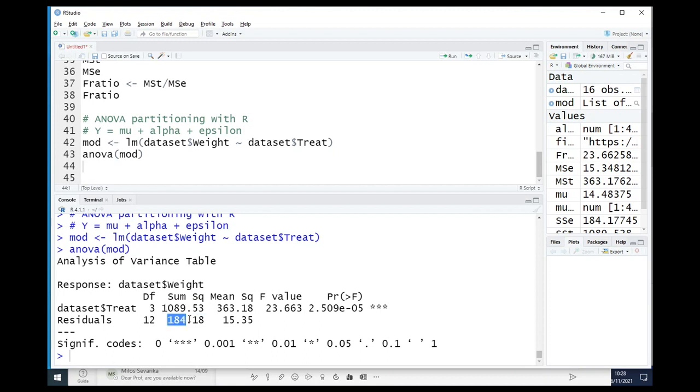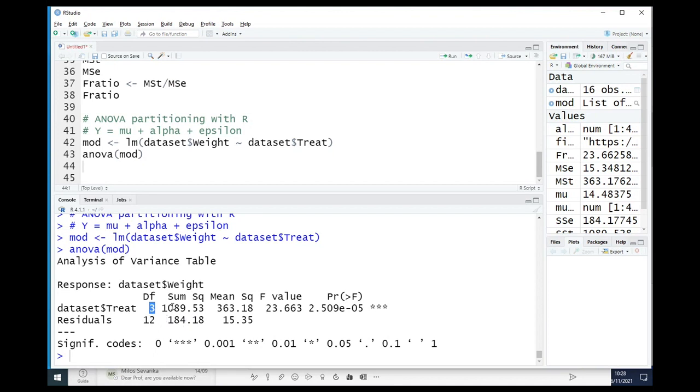One part, the second part. If you sum these two parts, you get the total deviance. And as well, the degrees of freedom have been partitioned into parts. You have 15 degrees of freedom in all. They were partitioned in 3 and 12, which are attributable to the treatment and error.